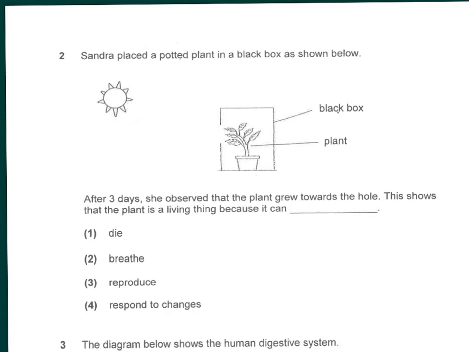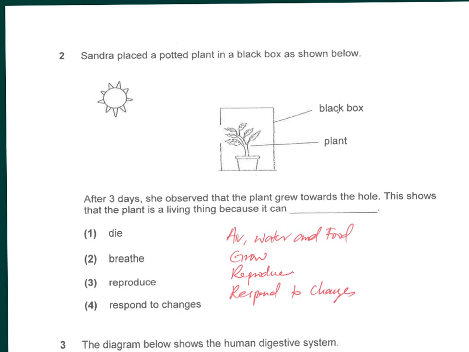All living things, as you must know, require air, water, and food to survive. All living things can grow. All living things can reproduce. As well as all living things can respond to changes.